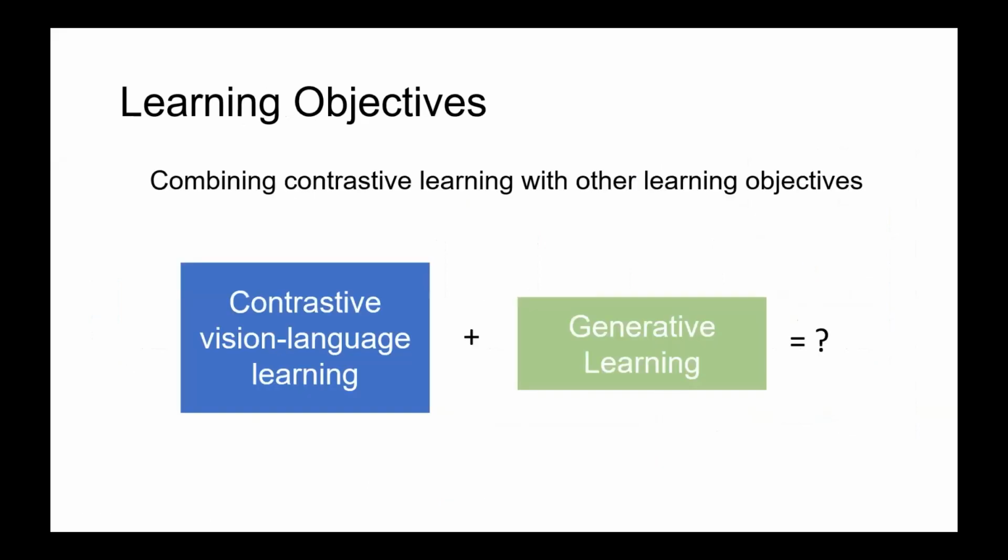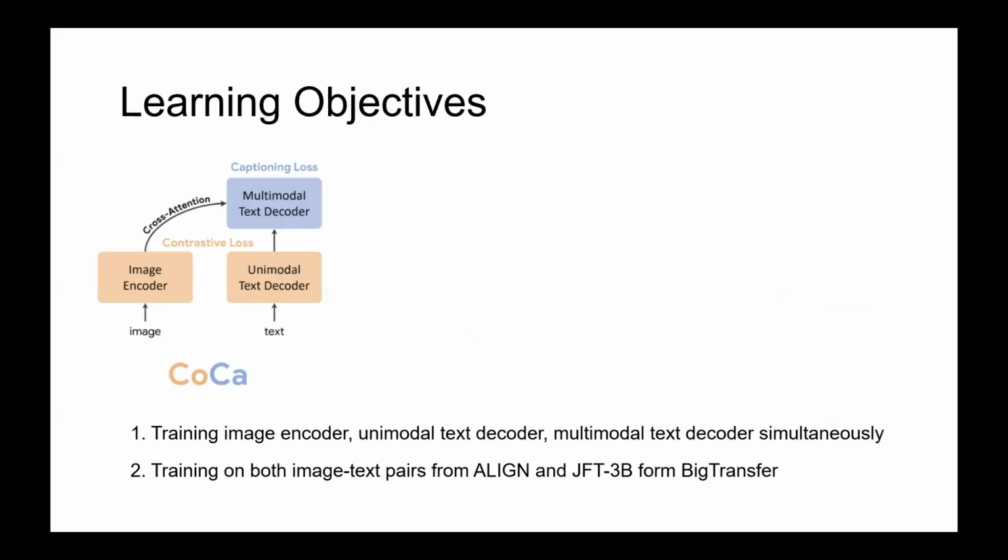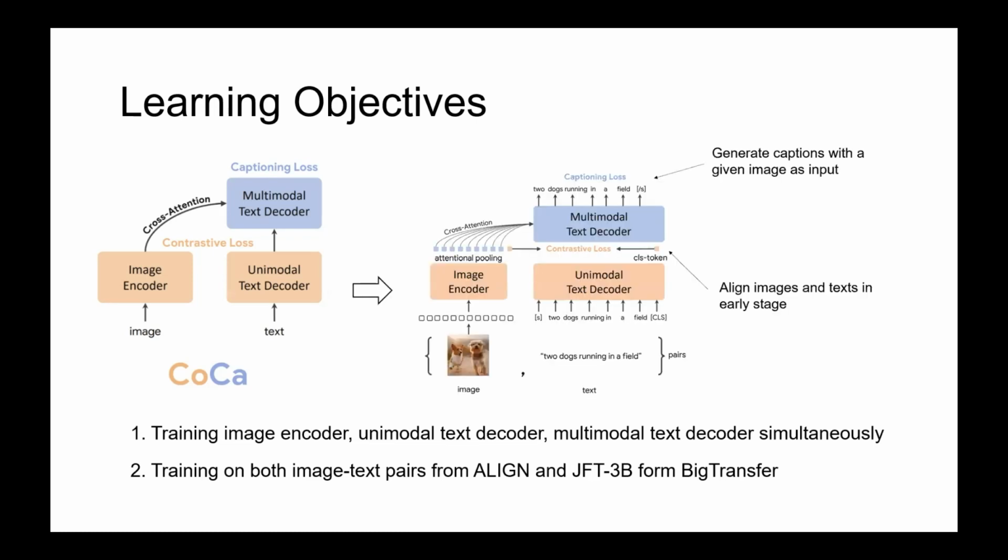Finally, the learning objective can be further extended to the combination of contrastive visual-language learning plus generative learning. Recently, there is a method called CoCa. This method tries to combine the learning objectives of contrastive learning and generative learning. It trains the image encoder, unimodal text encoder, and multimodal text decoder simultaneously, and it also trains on both the image-text pairs and the image-level data.